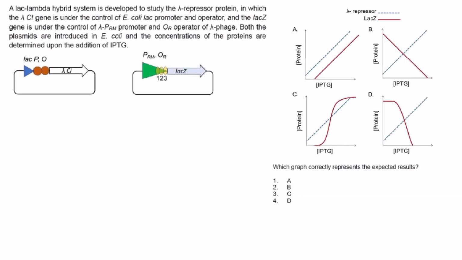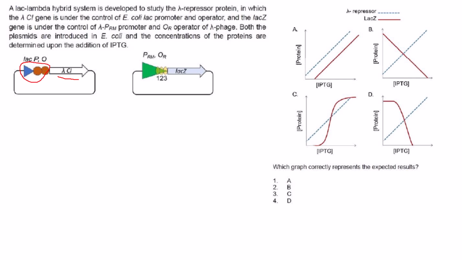Okay, next one. A lac lambda hybrid system is developed to study the lambda repressor protein. Okay, that is your CI, in which the lambda CI gene is under the control of E. coli lac promoter and operator. So this is your CI. It is under the control of lac promoter and operator.